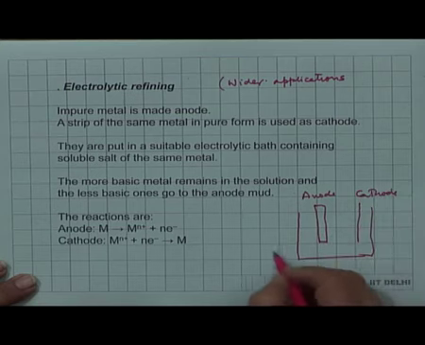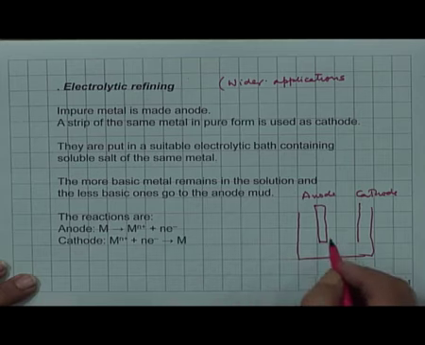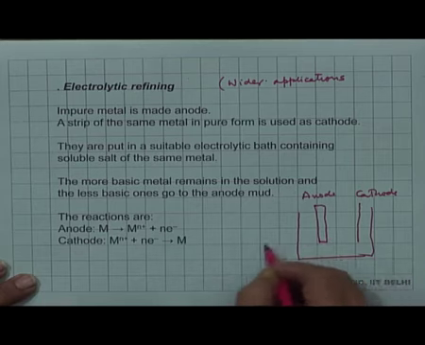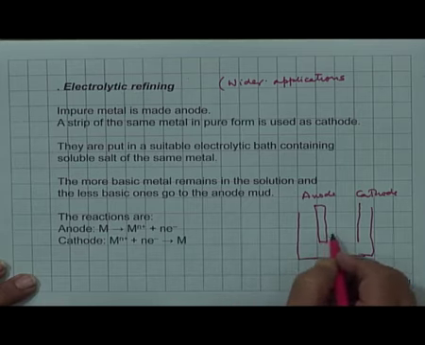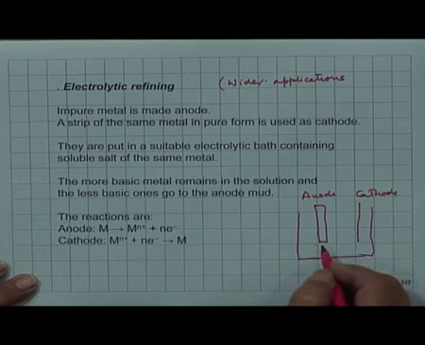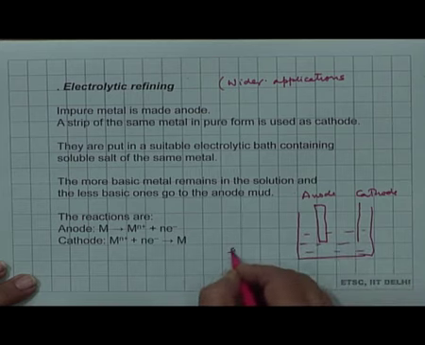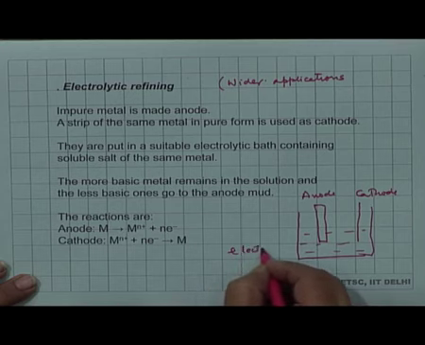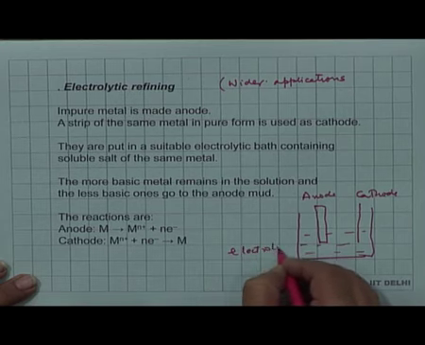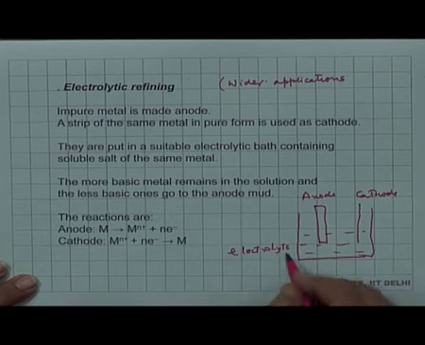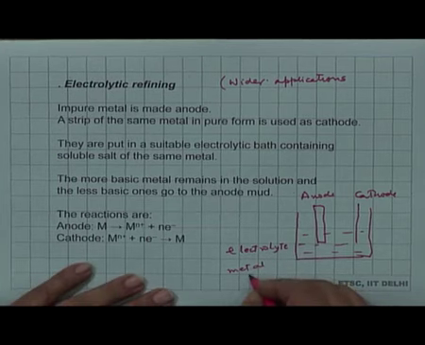This cell is filled with an electrolyte which is containing the same metal which we want to purify. This has electrolyte containing the metal to be purified.